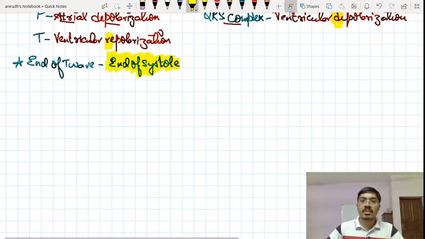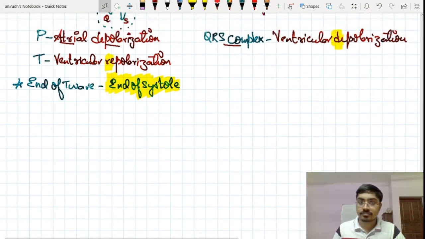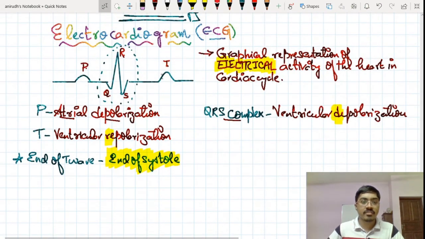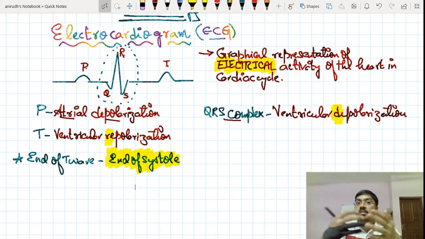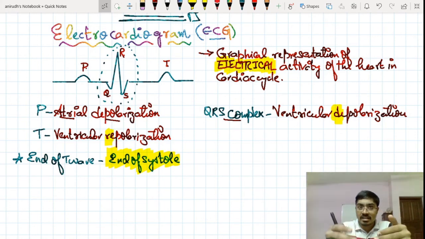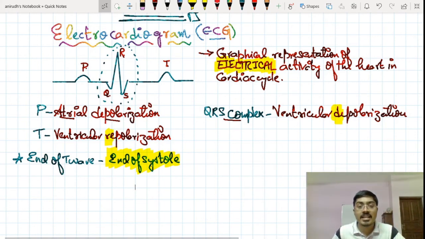What is actually happening here is that once you are having this T wave, ventricular repolarization has begun. That means the ventricles are about to relax. When will it relax? After the systole. If the ventricles have to relax, it is the end of the systole, because systole means contraction, isn't it?